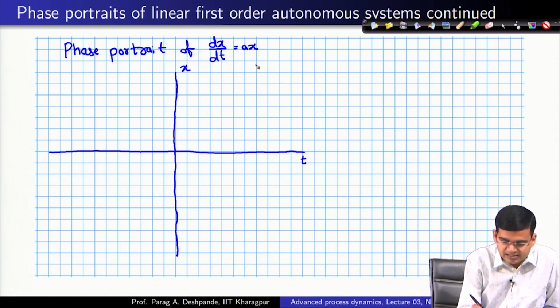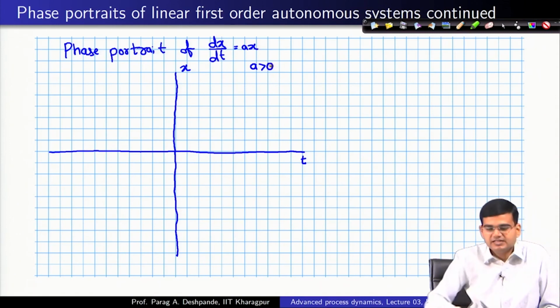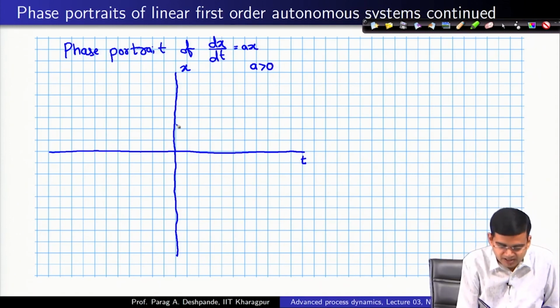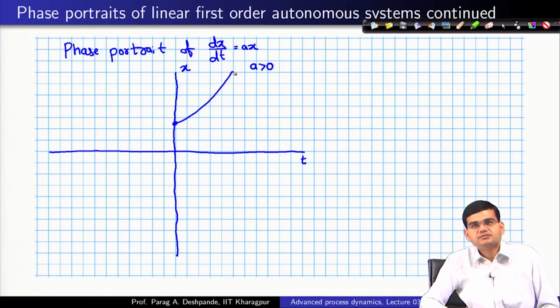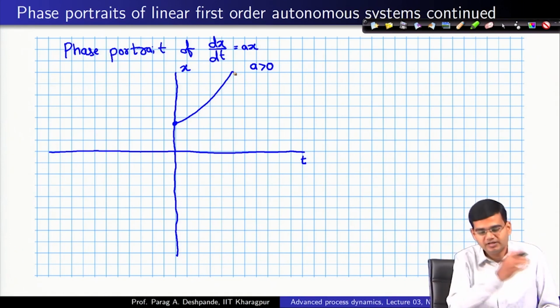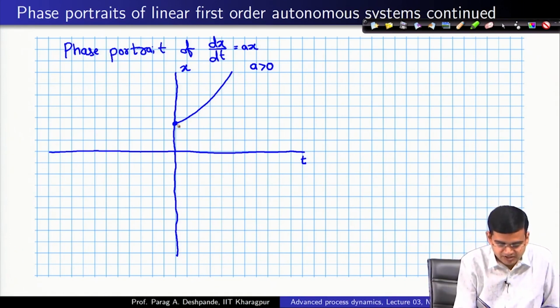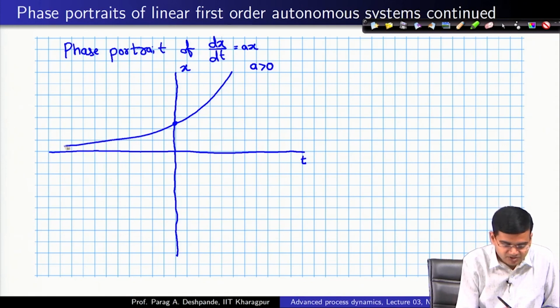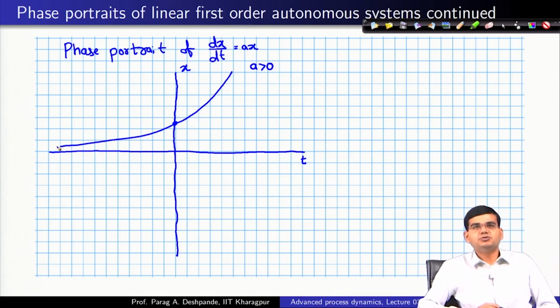So, when A is greater than 0, what is going to happen? You may have some initial condition and the system will blow to infinity, and as time goes to negative, what you will see is that asymptotically the system goes to 0 in the negative direction.